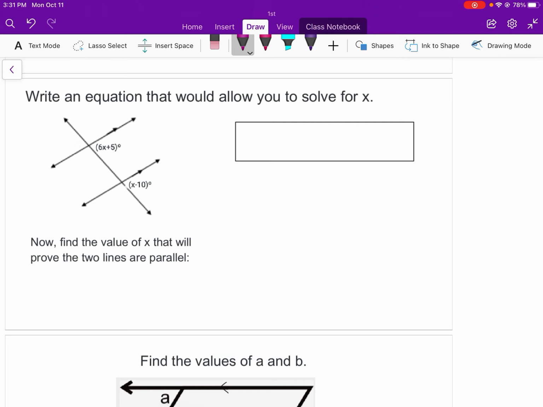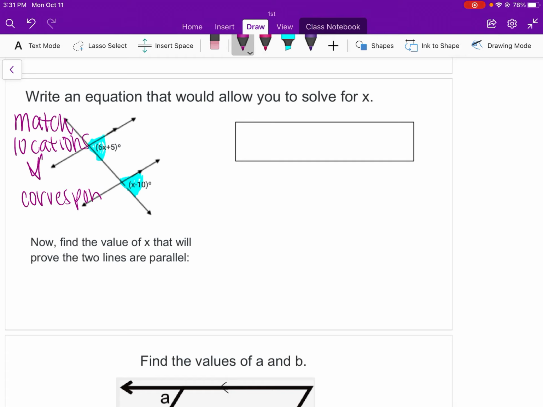Looking at these next two. So we're looking at this angle and this angle. What I immediately notice is that they match locations. So if they match locations, they're corresponding.